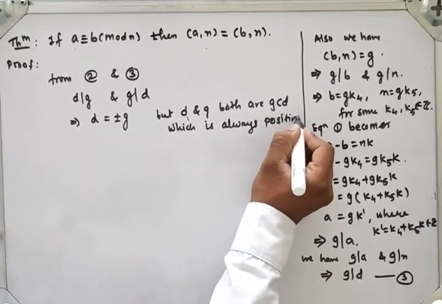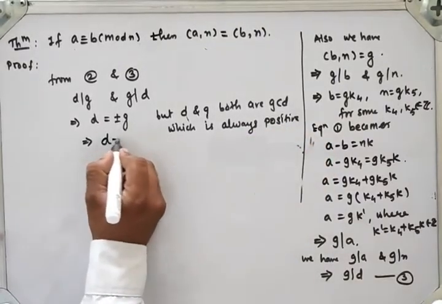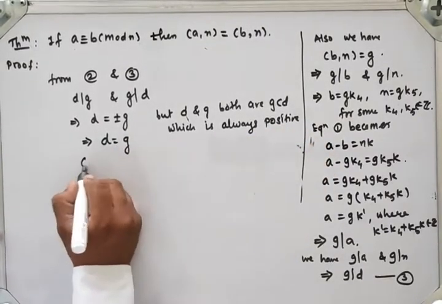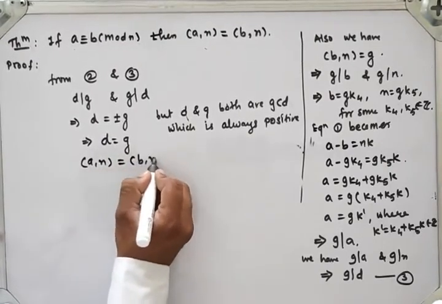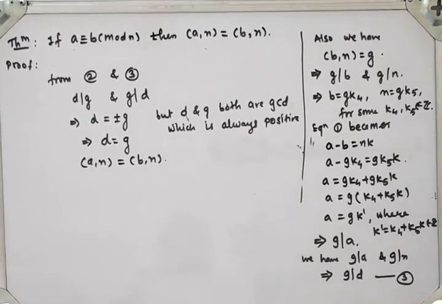So this implies d is equal to g, and d is nothing but GCD of a and n, and g is nothing but GCD of b and n. Hence the proof.